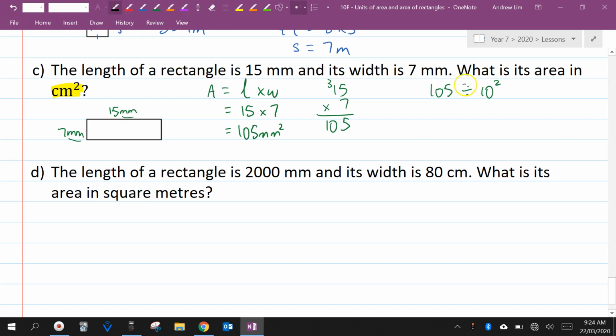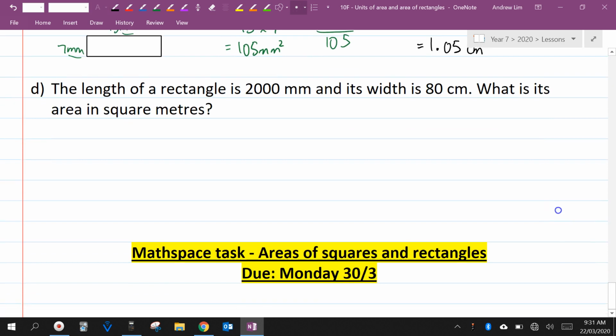Which means we're going to move the decimal to the left. How many times? Twice. 1 times 2 is 2. The decimal is here because it's a whole number. So we move it to the left twice. 1, 2. So our answer is 1.05 square centimeters.